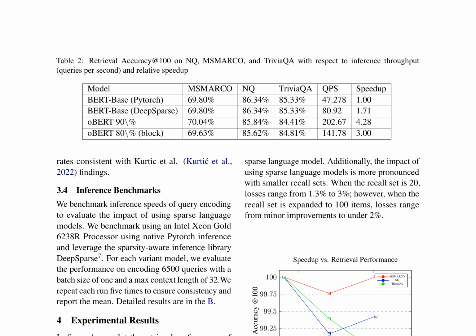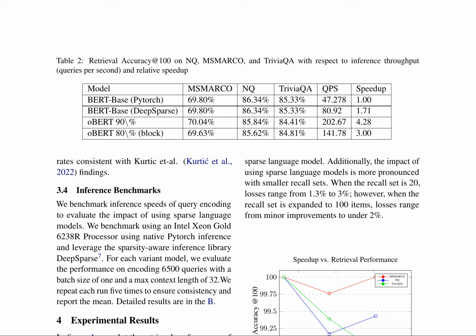In the inference benchmarks, the authors evaluate the performance of query encoding using an Intel Xeon Gold 6238R processor with native PyTorch inference and the sparsity-aware inference library Deep Sparse. The results show that simply switching from PyTorch to Deep Sparse can lead to a 1.7x speedup, and that the oBERT 90% sparse model outperforms the oBERT 80% block sparse model in terms of both inference efficiency and retrieval accuracy.